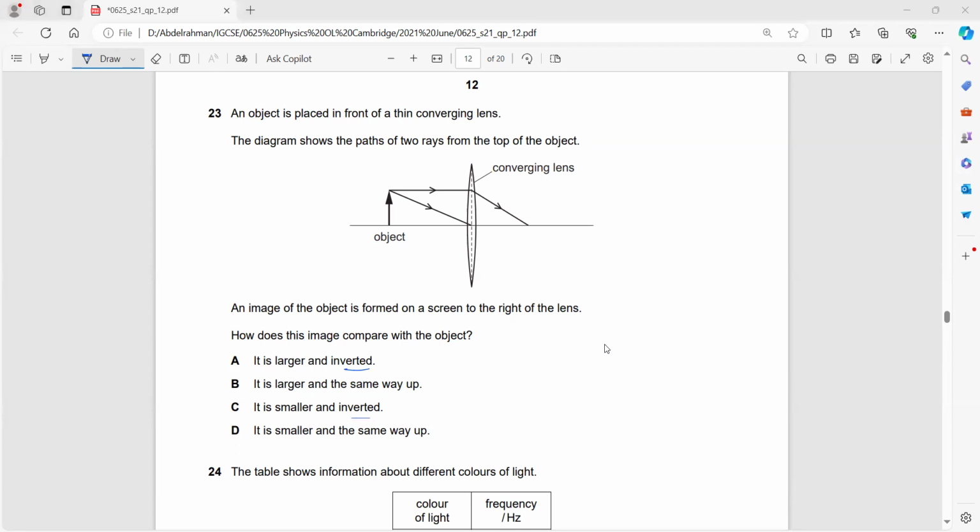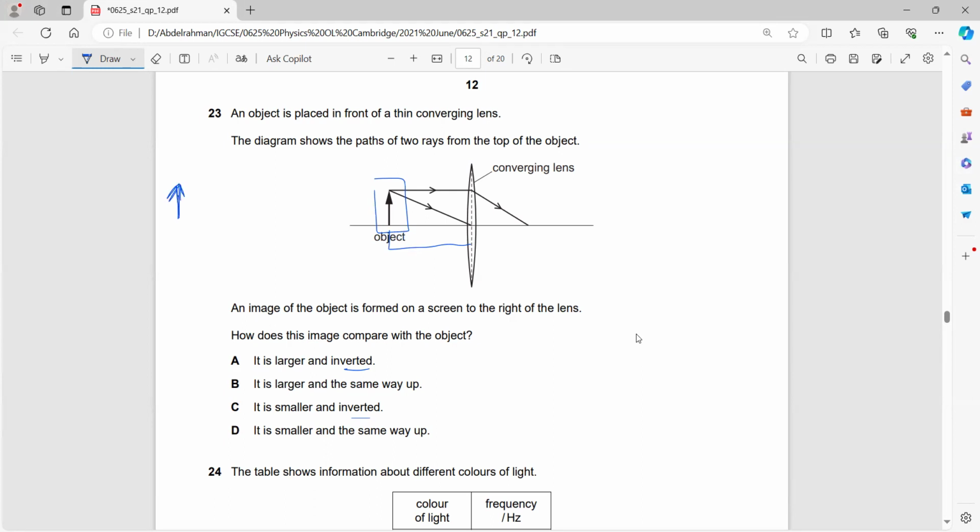Would this image be smaller or larger? That's the question. The thing is, this object is quite close to the lens.